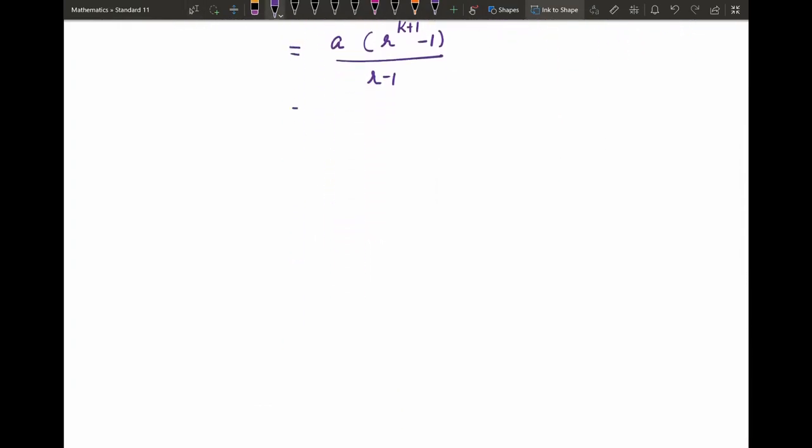So now we can write it equal to RHS. So thus LHS equal to RHS, and therefore P of k plus 1 is true.